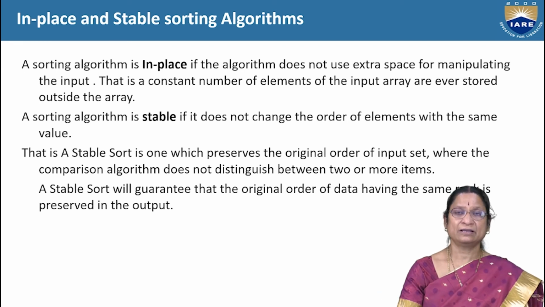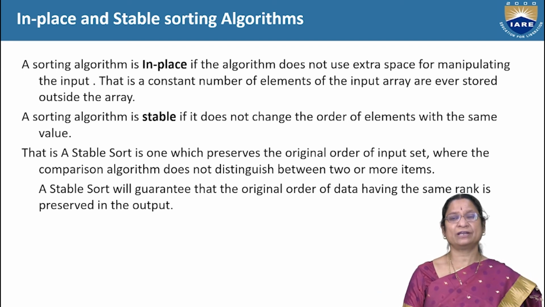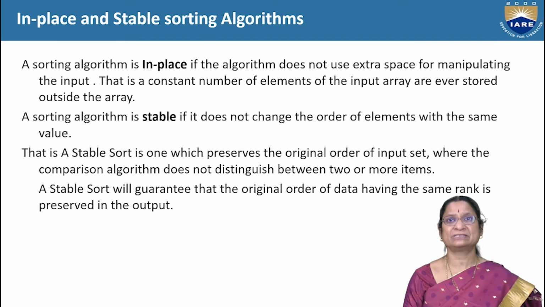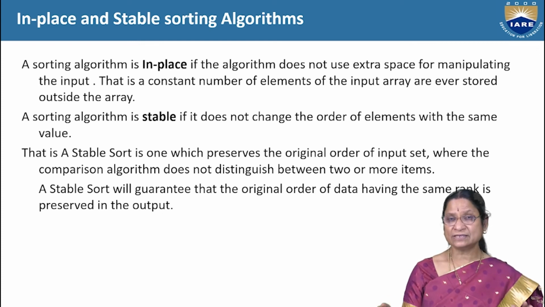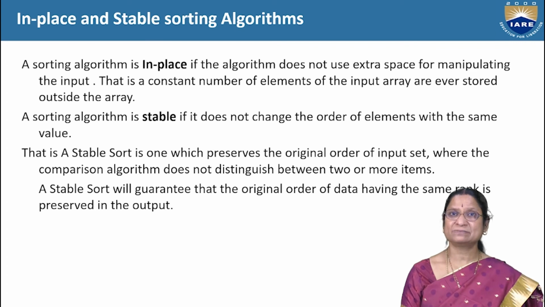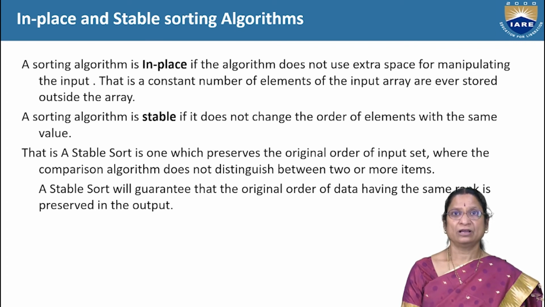The input data is stored in array A, and sorting is done within that particular area only. No outside array is used to store our result temporarily or permanently. Then we can say our sorting is in place sorting. In case of in place sorting, no additional space is required. Understand?